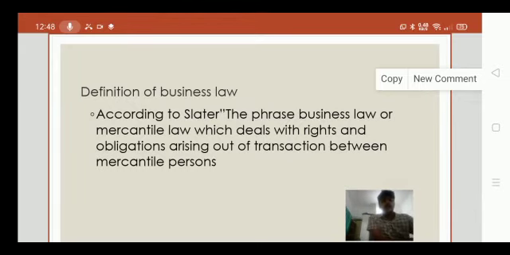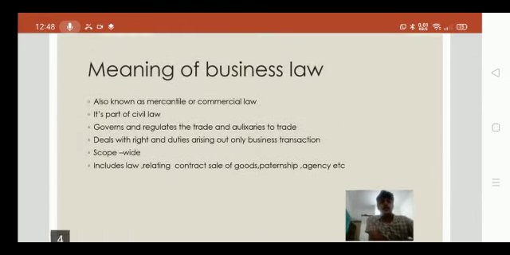Next, I will teach about the meaning of business law. Business law is also known as mercantile law or commercial law.